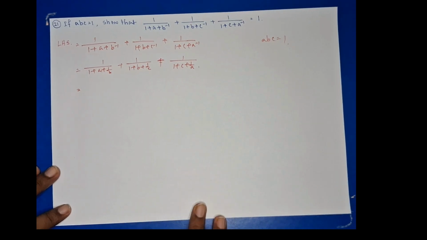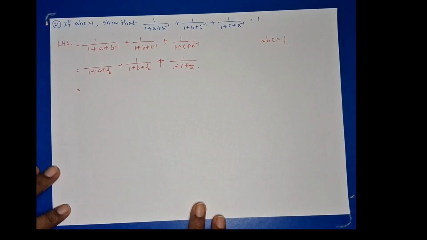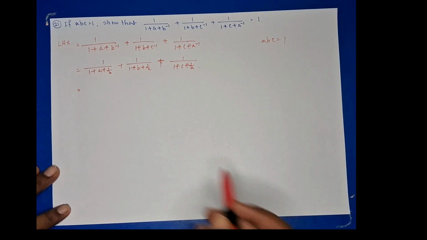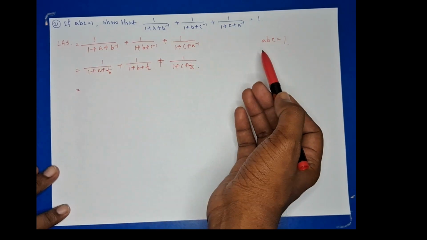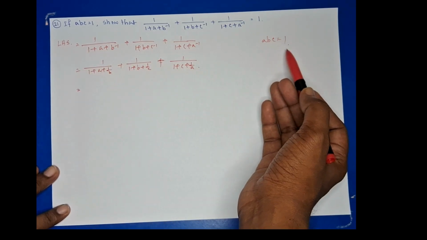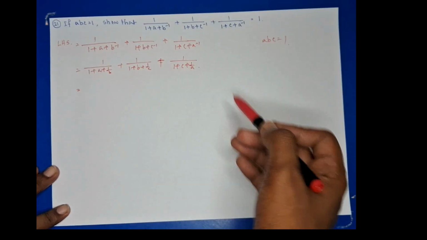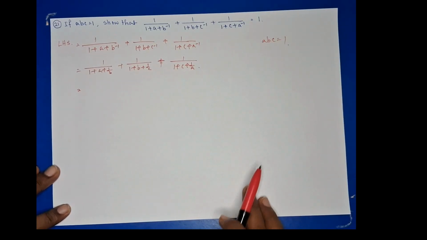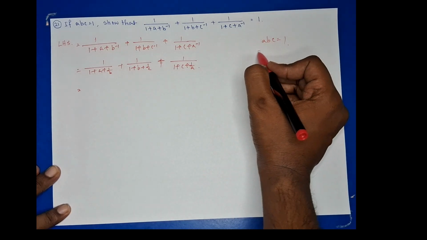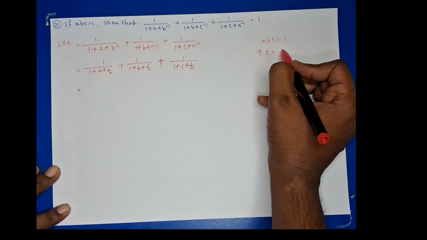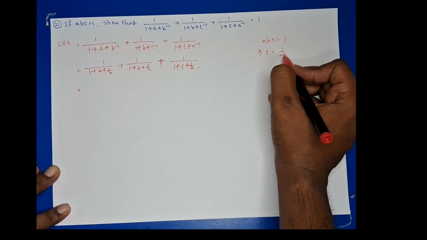Now what to do? There isn't much to do, but what we can do, among these three unknown variables a, b, c, let us remove any one of them. Let us remove c. So instead of c we can write 1 by ab.